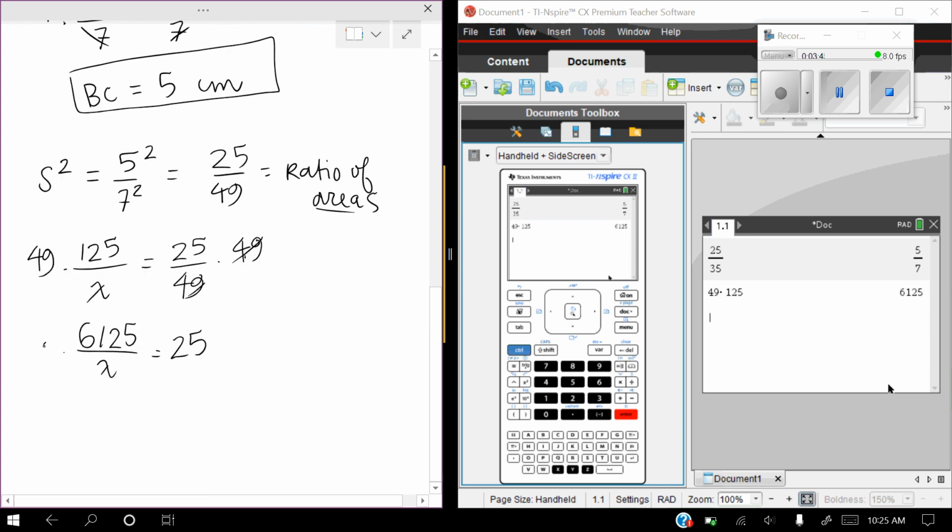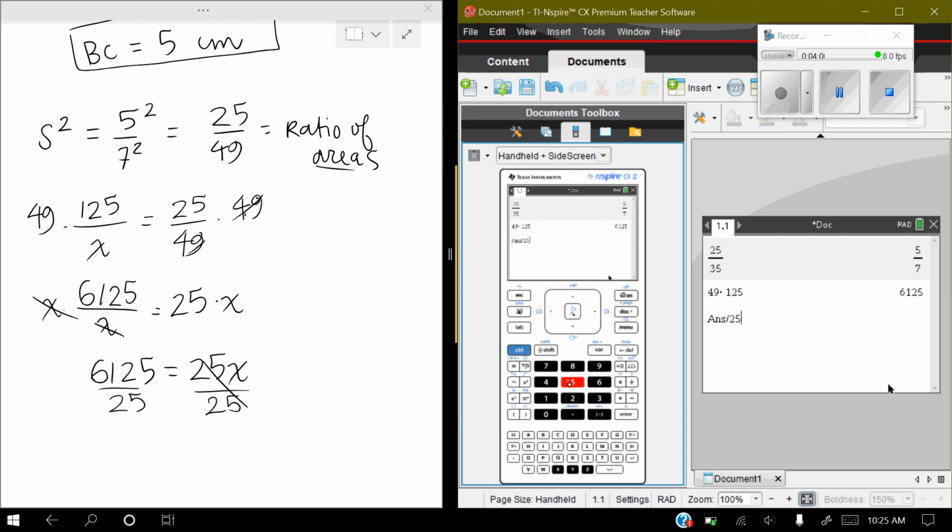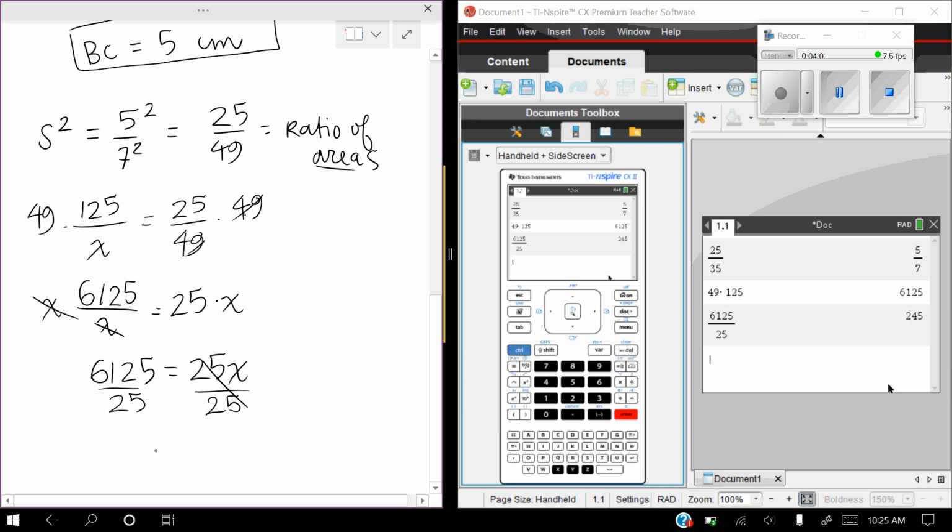We're going to multiply by x on both sides. So 6,125 equals 25x. Divide by 25 on both sides. X equals 245. So the area of the second figure would be 245 centimeters squared.